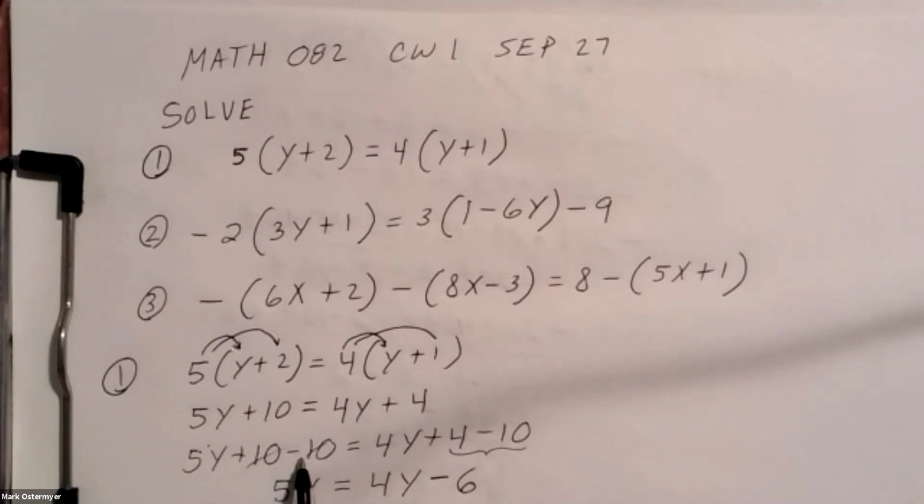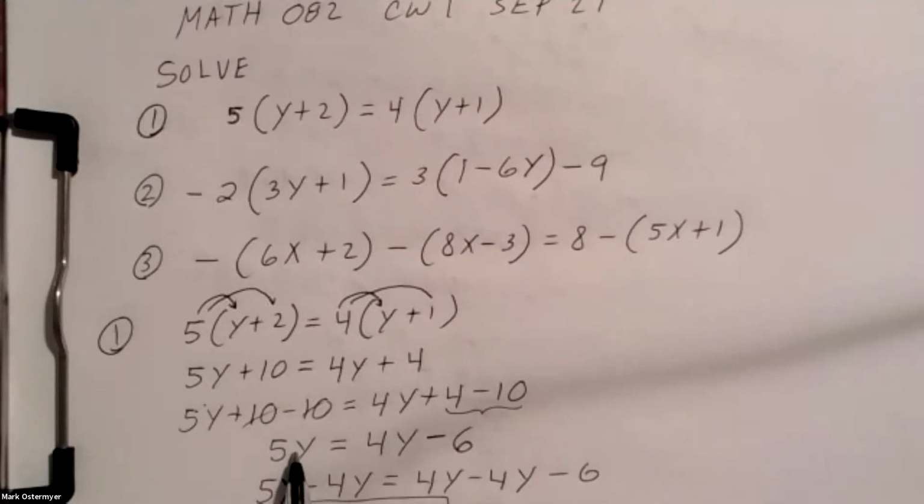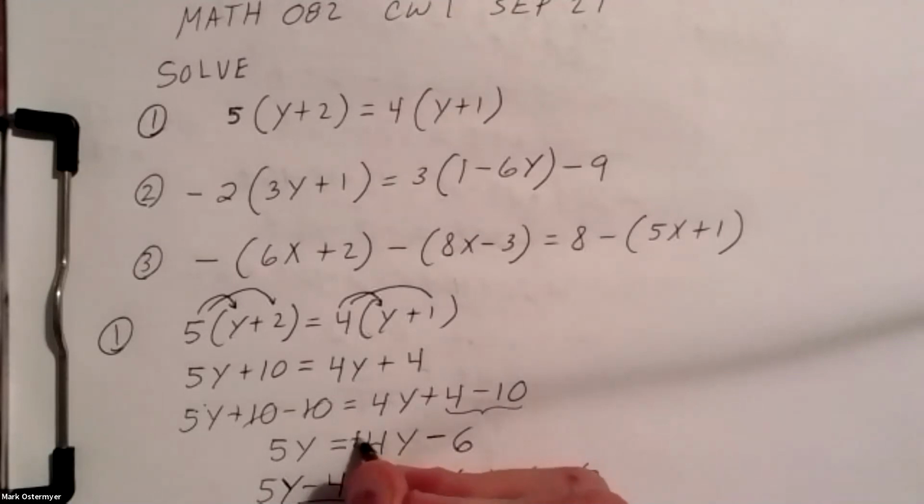I subtracted 10 from both sides. The 10s drop out on the left, leaving you with 5y. 4 subtract 10. What's 4 minus 10? That's 4 plus a -10, which is a -6. Continuing to separate, I now need to bring this positive 4y over to the left side of my equation.